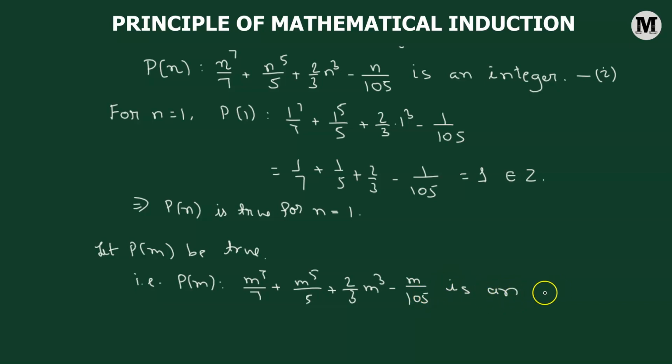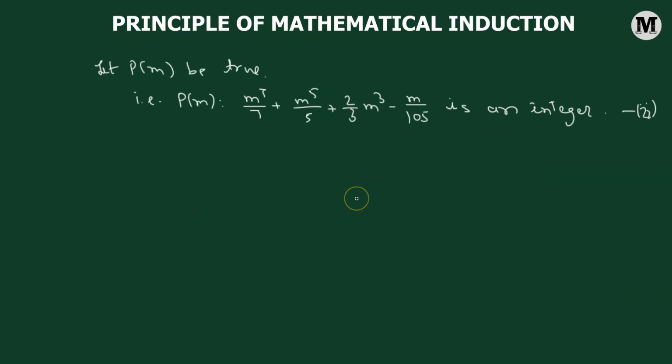That means the expression must be an integer. Fine. So we will consider this to be statement number 2. And using this statement, we'll need to verify that the statement P(m+1) is true, where m+1 is the integer that is consecutive to m.